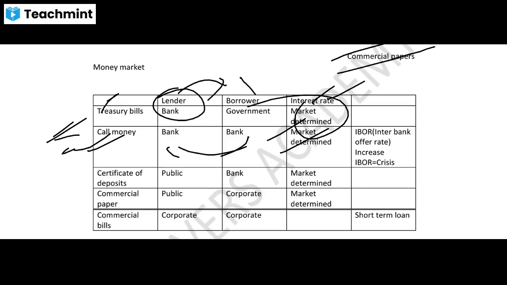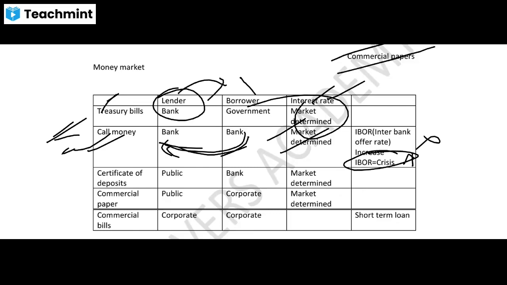Interbank offer rate means that if one bank borrows money from another bank, then the second bank will take some interest from the first bank. If IBOR increases, that means the economy is heading towards a crisis.